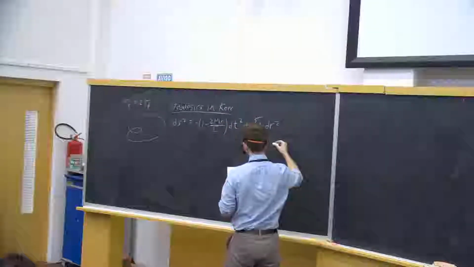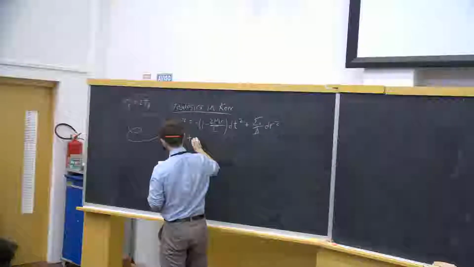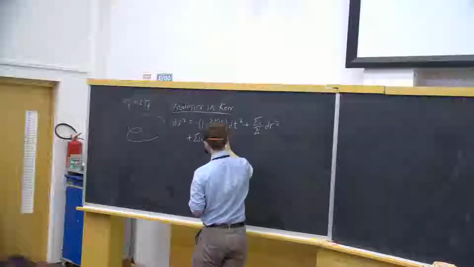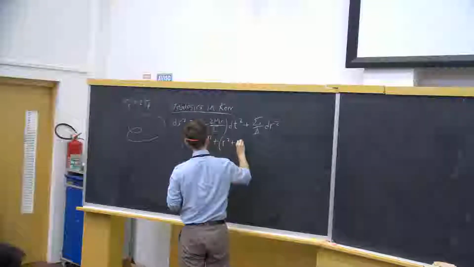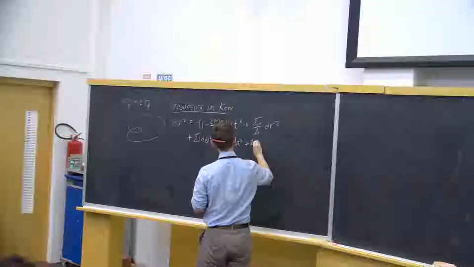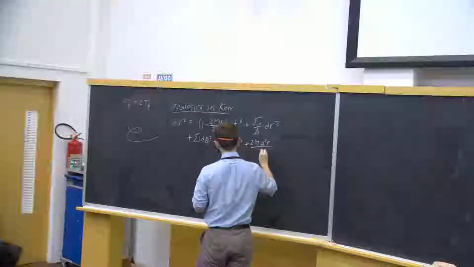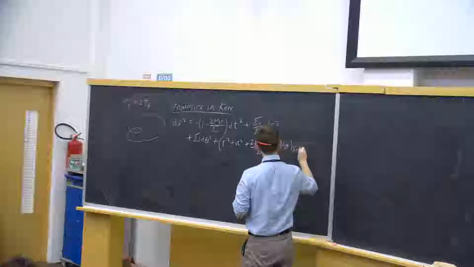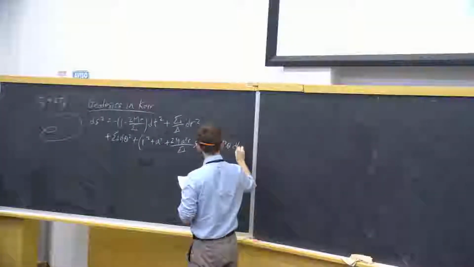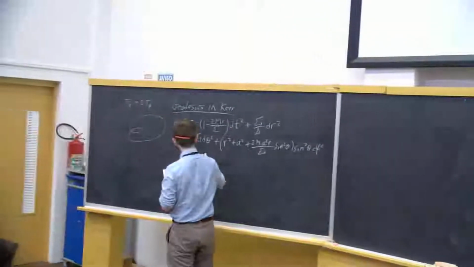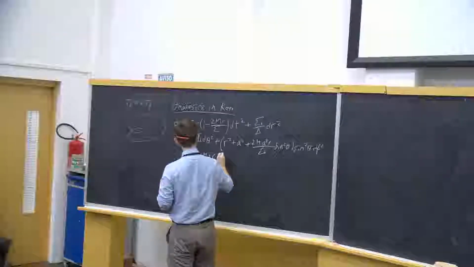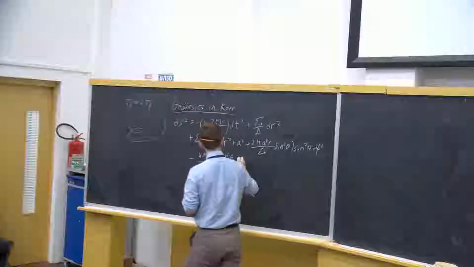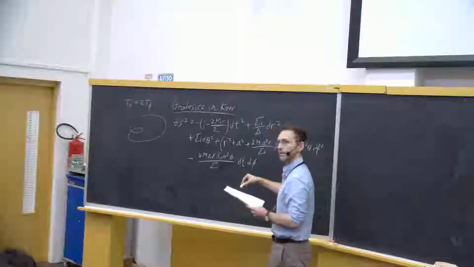So we've got a time piece, a radial piece, a polar angle piece, an azimuthal piece, and finally a piece associated with the fact that the space-time is rotating. So that's a T phi mixed piece.